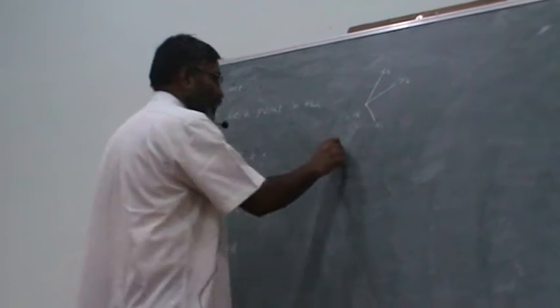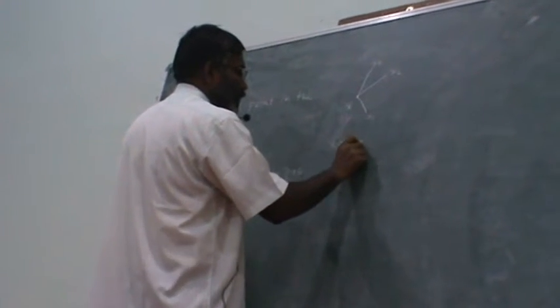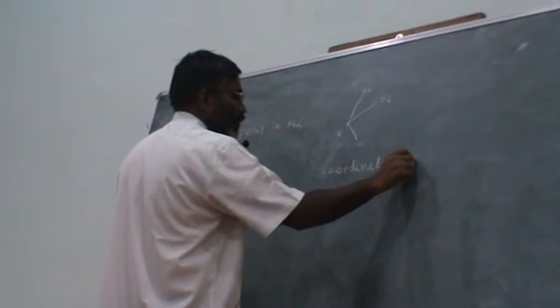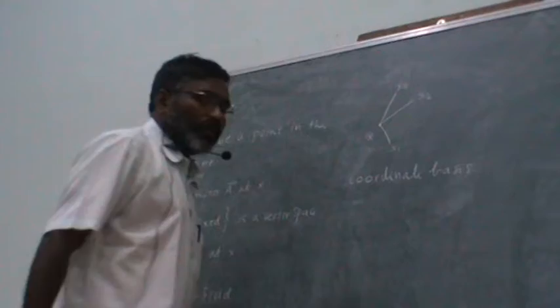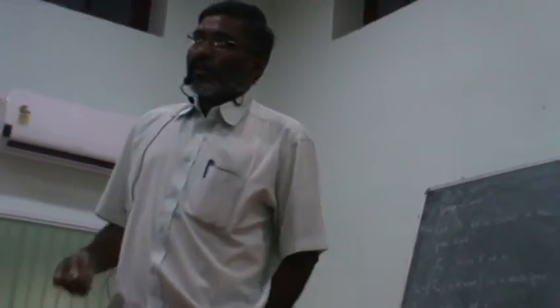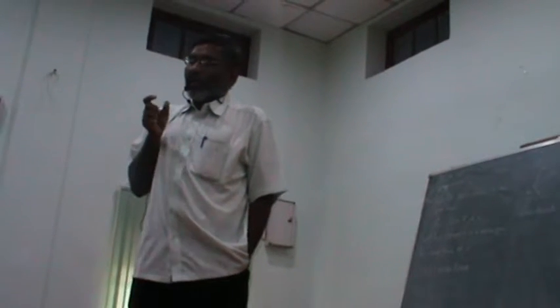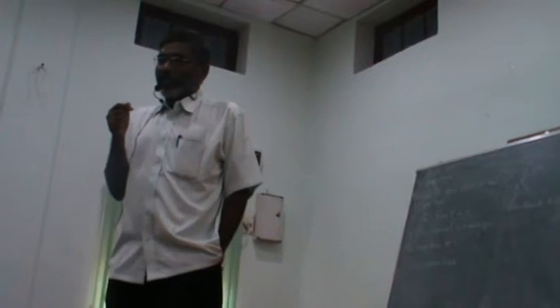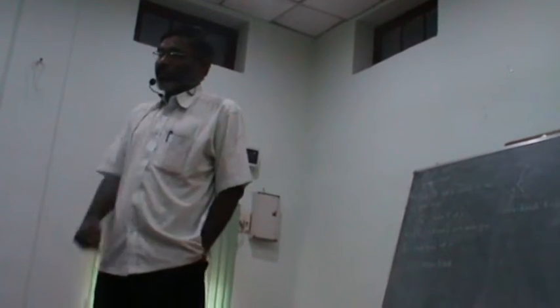Coordinate basis is a special basis in the sense that the basis vectors are along the direction in which x1 increases, x2 increases, and x3 increases.